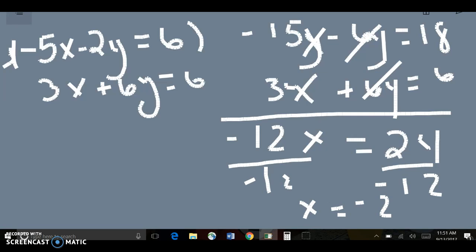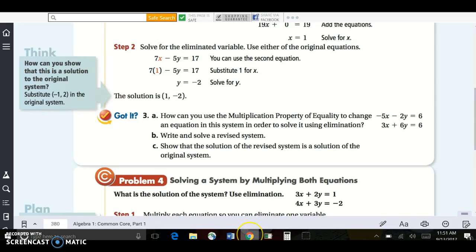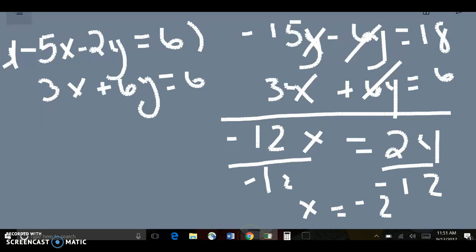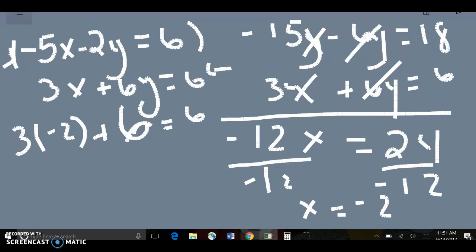Now let's see, what else are they asking me to do? Let me make sure I'm following this. Show the solution of the revised system as the solution of the original. Okay. So I have x equals negative 2, and I'm going to plug this back in. Doesn't matter which one. I'm going to use the second one. So I'm going to say 3 times negative 2 plus 6y equals 6. So I get negative 6 plus 6y equals 6.